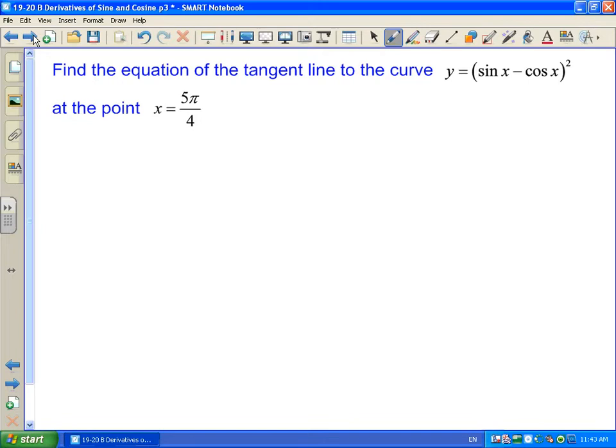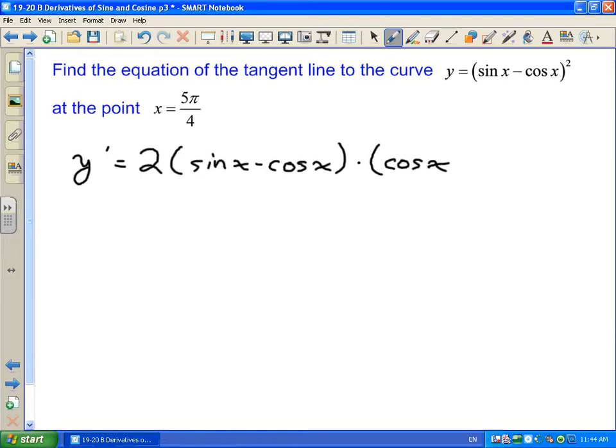All right, let's do our derivative first. Sin x minus cos x all squared, so we'll bring down the 2. We'll have sin x minus cos x inside the brackets, and then we need to multiply this by the derivative of sin x minus cos x. We can do this term by term. The derivative of sin x is cos x.